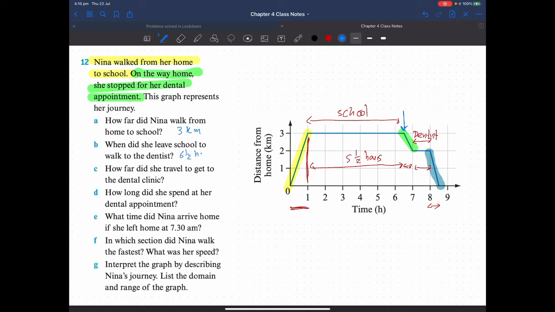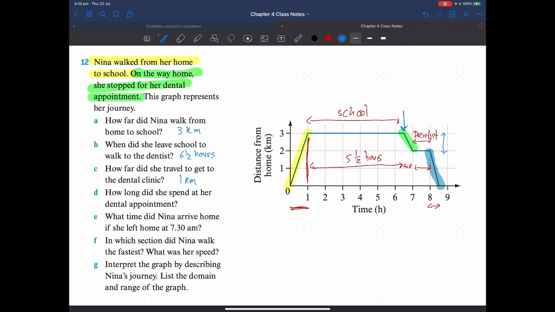That's 6.5 hours after she left to go to school. How far did she travel to get to the dental clinic? So, travelling to get to the dental clinic, she left school and went to the dental clinic. That was 1 kilometre.